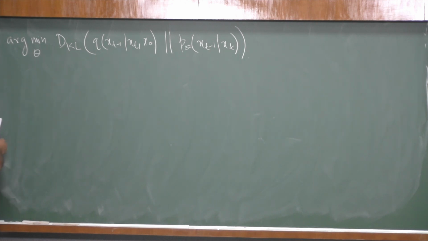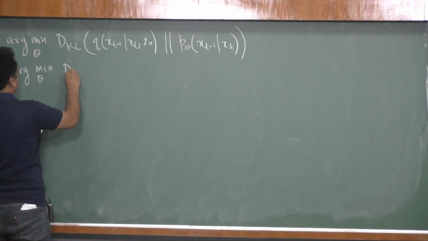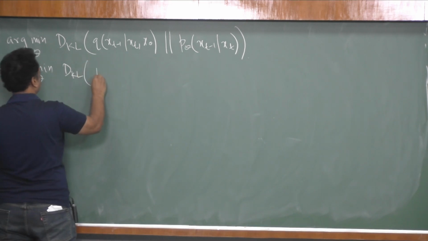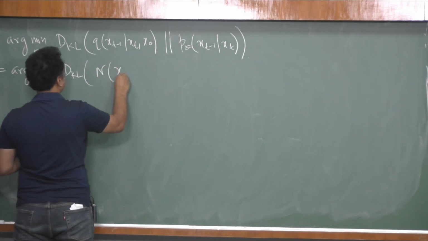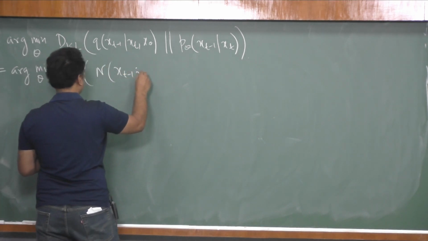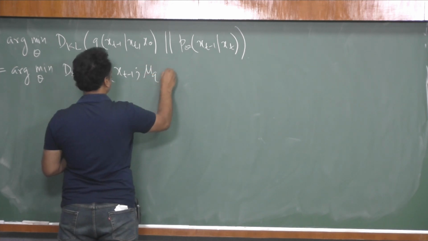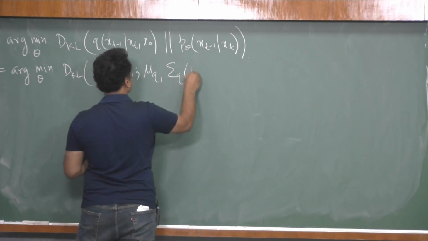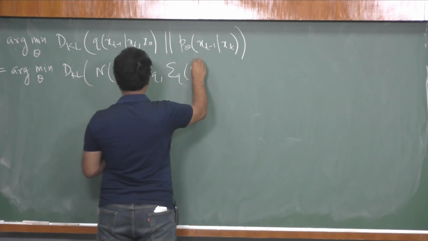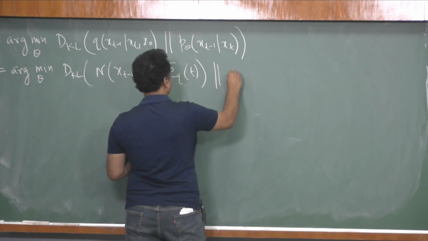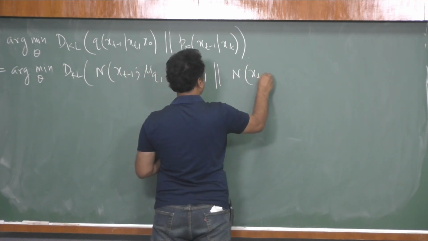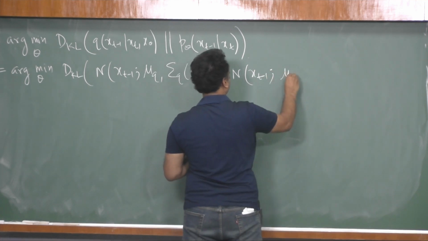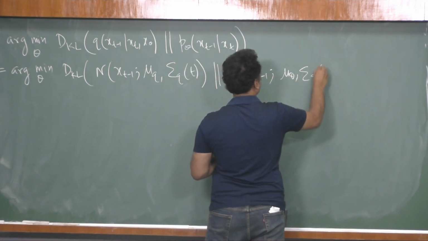With our assumption that the variance is the same, we have argmin over theta of D_KL, the normal distribution of x t minus 1 with mean mu q and variance sigma q t, compared with the normal distribution of x t minus 1 with mean mu theta and variance sigma q t.